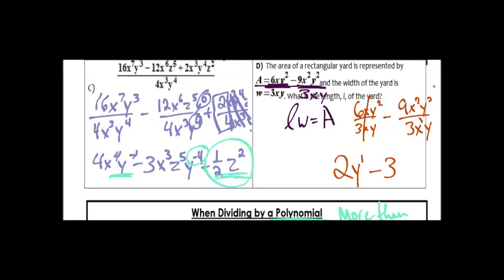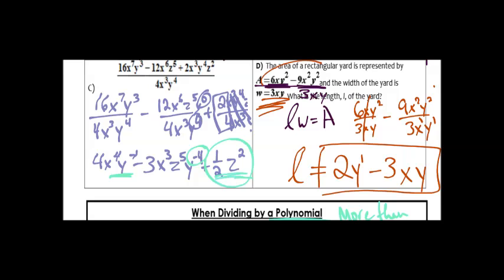X squared divided by x leaves me with just an x. Y squared divided by y leaves me with just y. So that is the length of the rectangular yard. This length times the width that they gave me would give me the area that they also gave me.